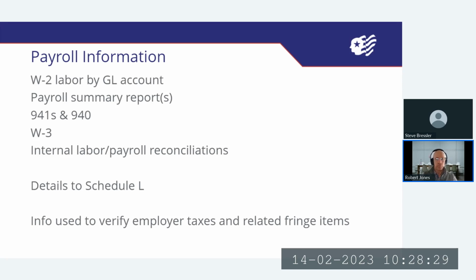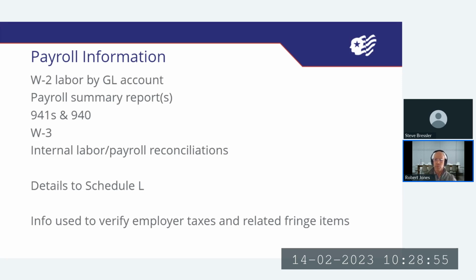In addition to your 941s, we want to see the 940, which is your FUTA, or your federal unemployment tax form. So again, that helps us cross-reference and tie things out, as does the W-3. That is for those of you that are not familiar, right, as an individual employee, I get a W-2, but the employer has a W-3, which is a summary of all the W-2s for all of their employees.